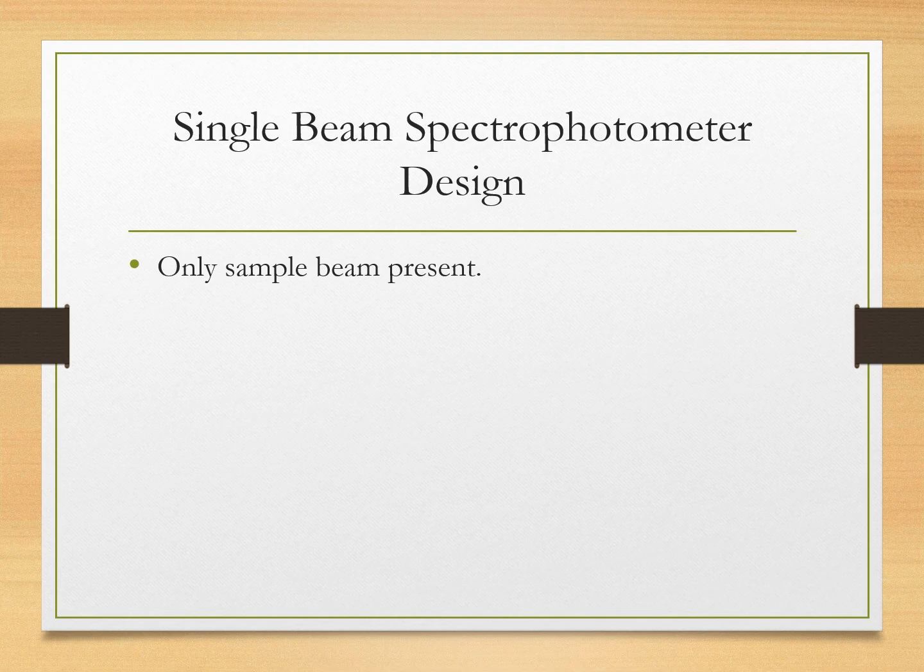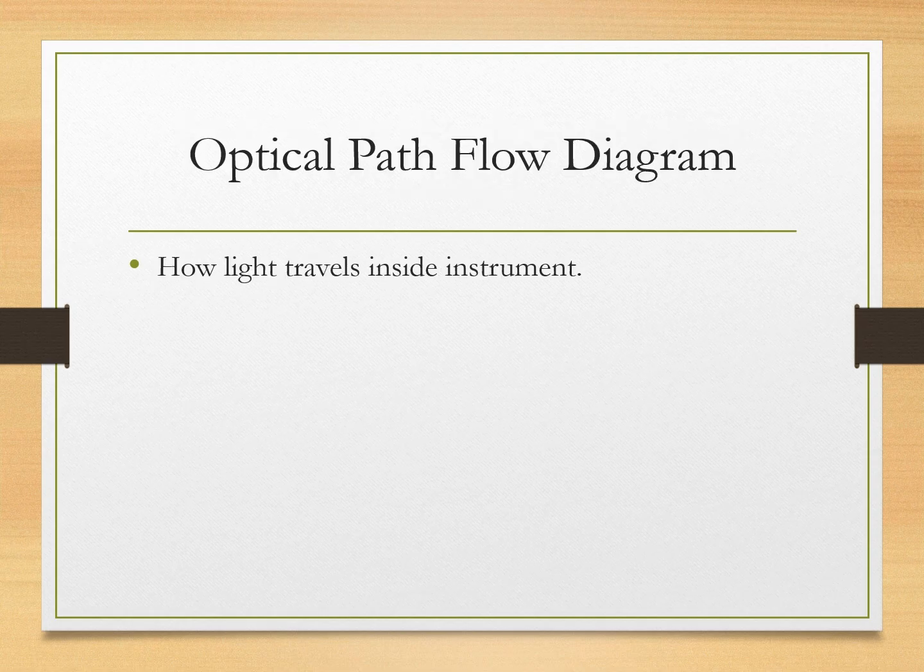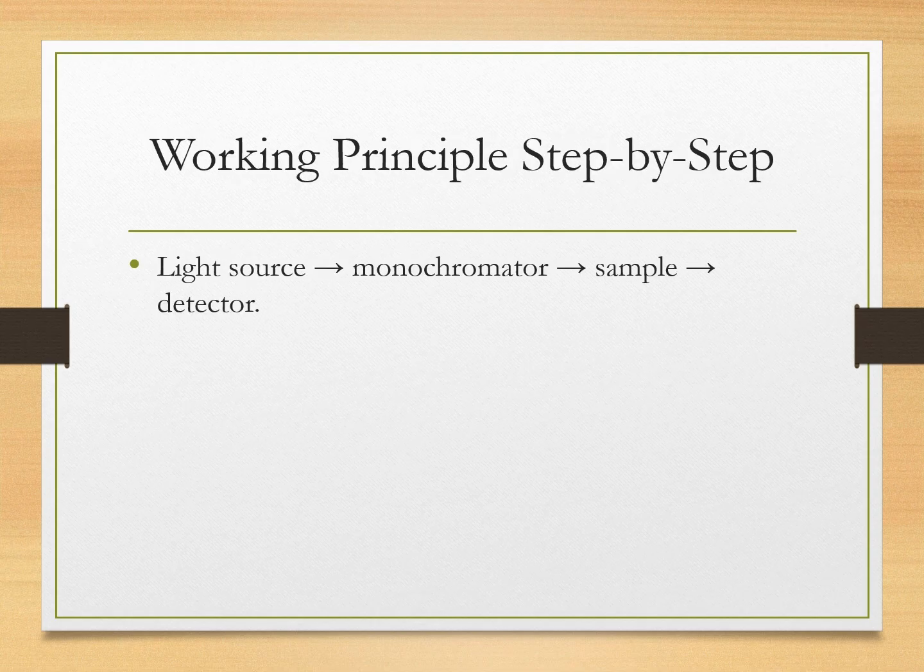The double beam instrument gives more accurate results. The general flow is light going into the monochromator, then the wavelength selector, then the sample, then the detector and processor. Each component ensures accurate wavelength selection and absorbance measurement.